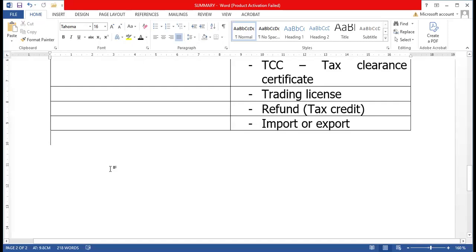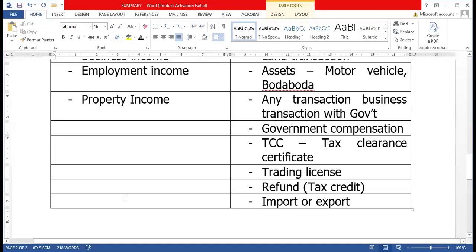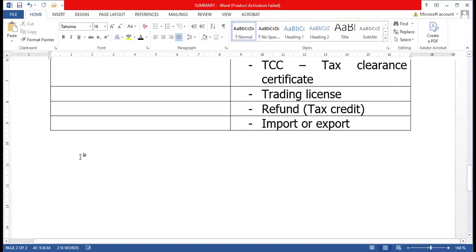And obviously, there could also be other questions. You could be having other questions like, can one person have more than one TIN? Obviously, no. One person must have one TIN, one registration number, one NIN.